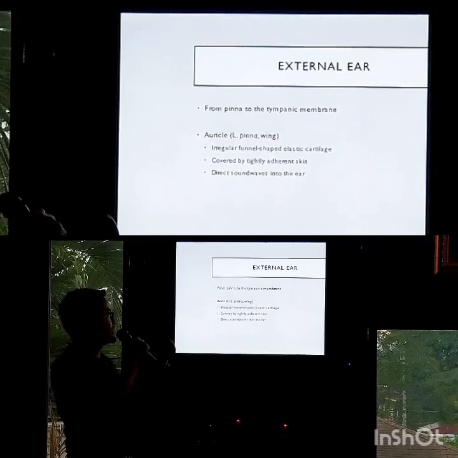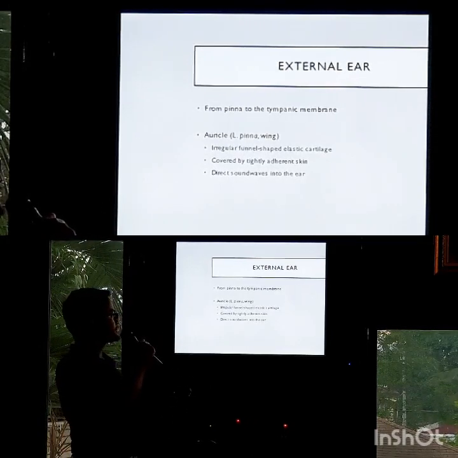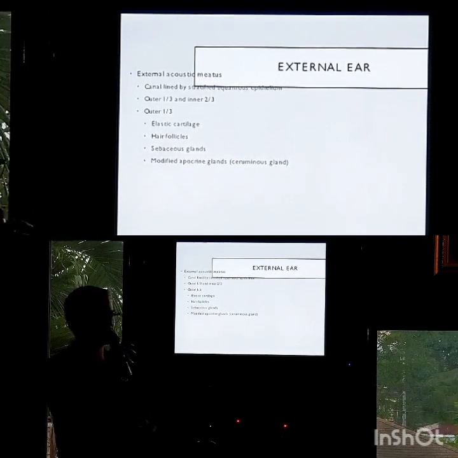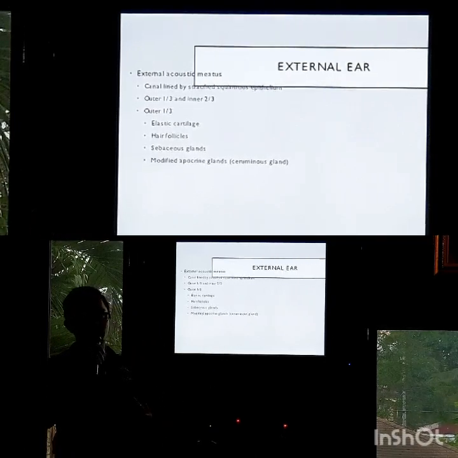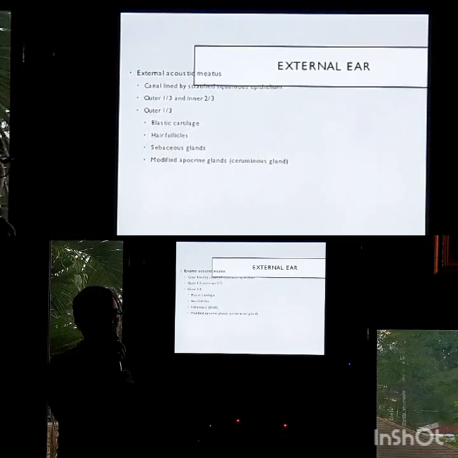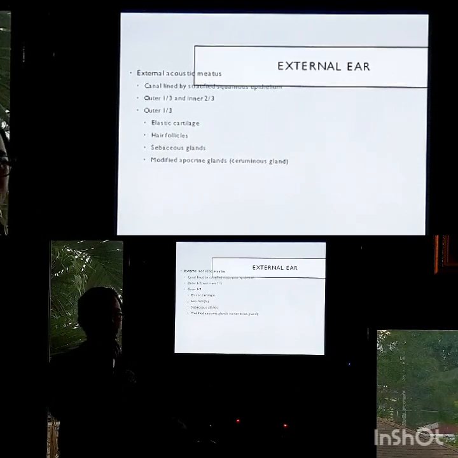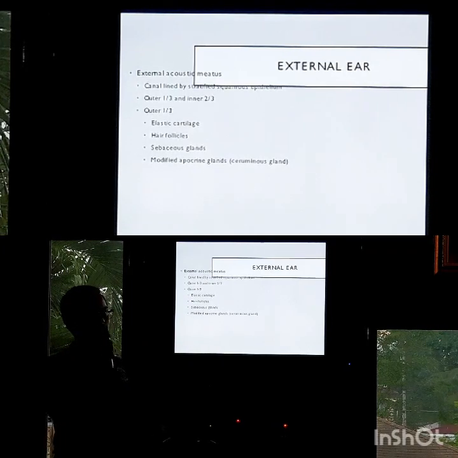Of course, aside from the auricle, which is an irregularly shaped funnel composed of elastic cartilage, the external ear is mostly lined by skin or stratified squamous epithelium. And remember that the inner 2/3 of the external auditory canal is made up of bone, and the outer 1/3 is made up of cartilage. What type of cartilage? Elastic cartilage.